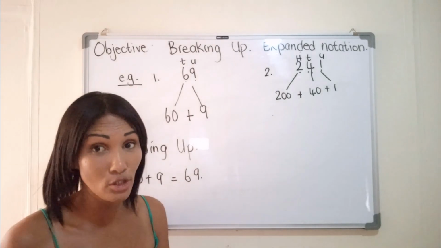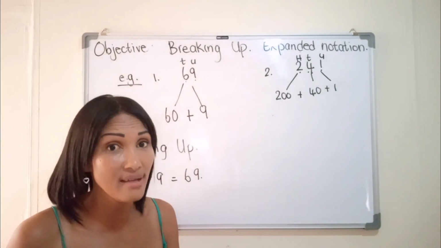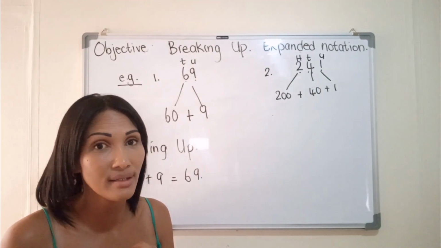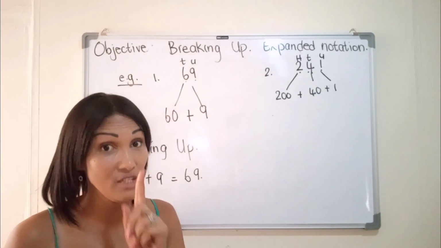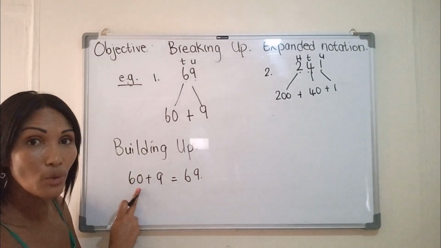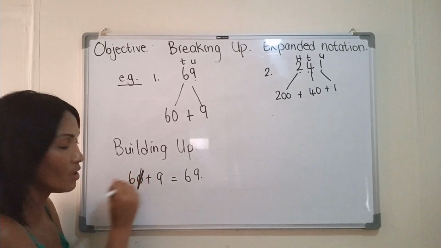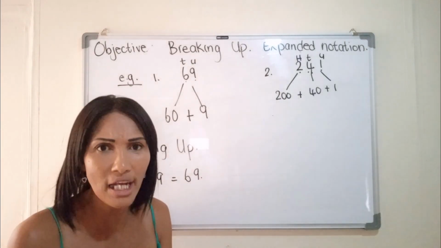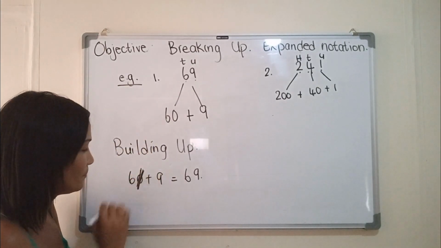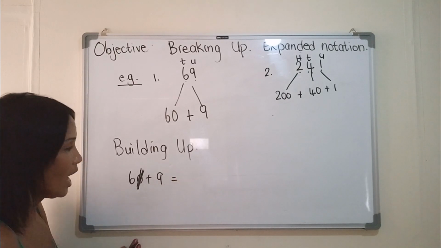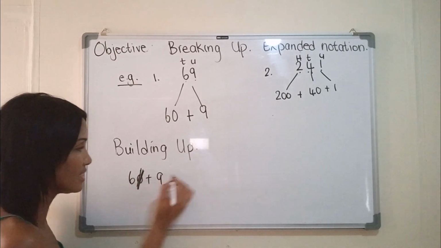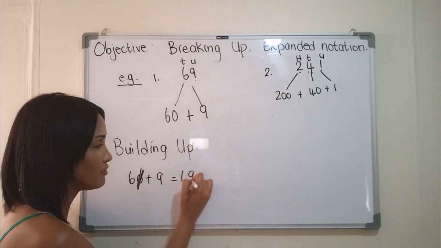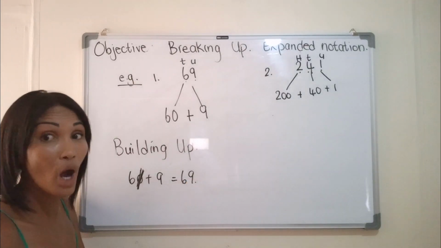Now for all grade 1, 2s and 3s, I understand some of you struggle to add. So in my case, to make it easy for you, if I have a 0, scratch out your 0. Because a 0 has got no value. So we will scratch it out. What is left? So there's a 6 left and there's a 9 left. That is another way how we can add it together.